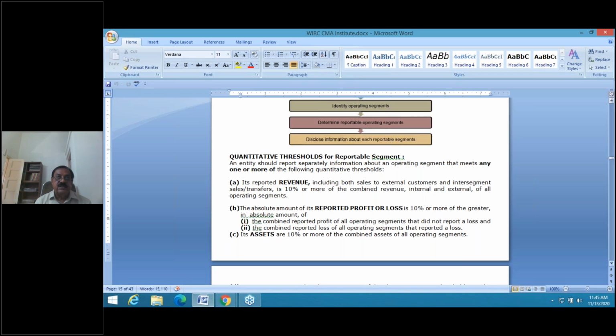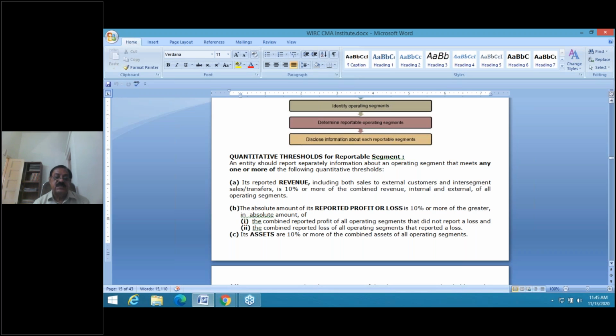Suppose you have 10 segments. Out of those 10, 4 are making loss and 6 are making profits. Make the total of profit making segments, make the total of loss making segments, take the higher of these two figures in absolute terms, take 10% of that, and whichever segment's profit or loss figure is 10% or more of this will be considered a reportable segment.